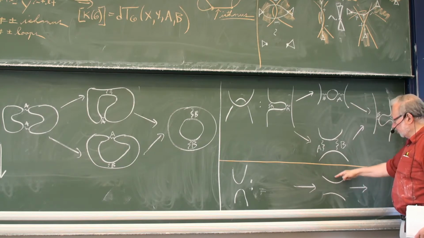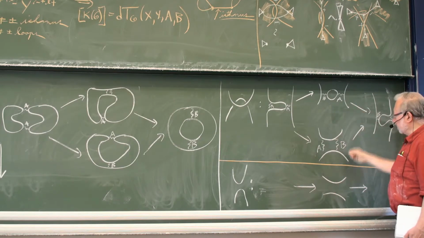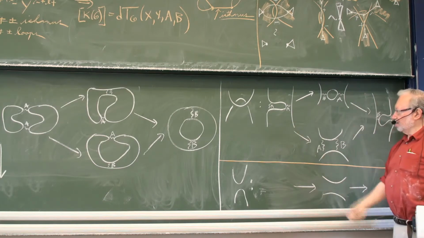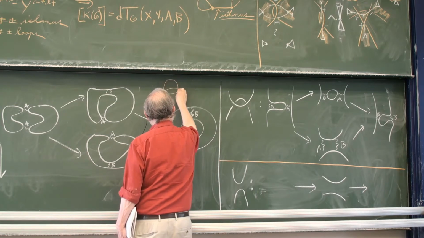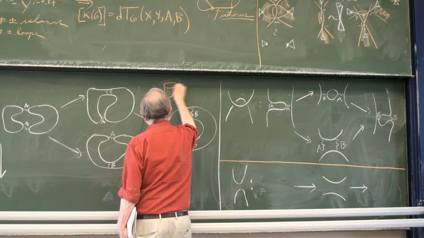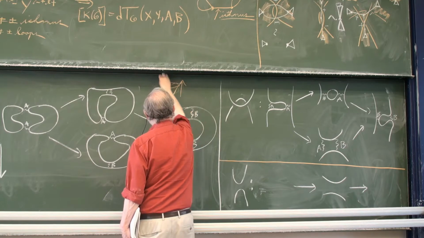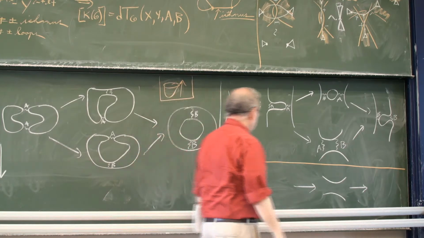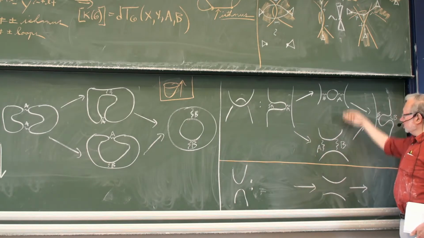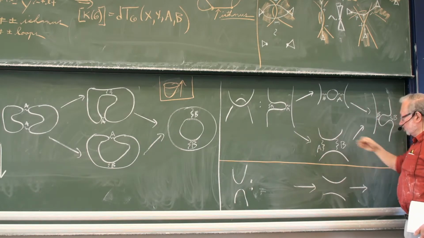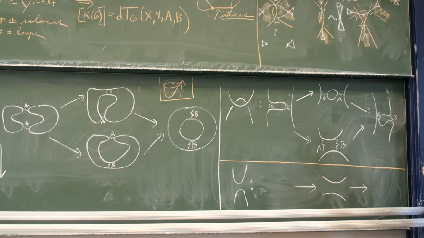I could take it through a saddle, which would do these, and then I could create a circle by using another little cobordism like that. That would create a circle. And so there is now a natural comparison between this and this, and there's a natural comparison between this and this. But in an ordinary functor, I can't map one object to two objects.